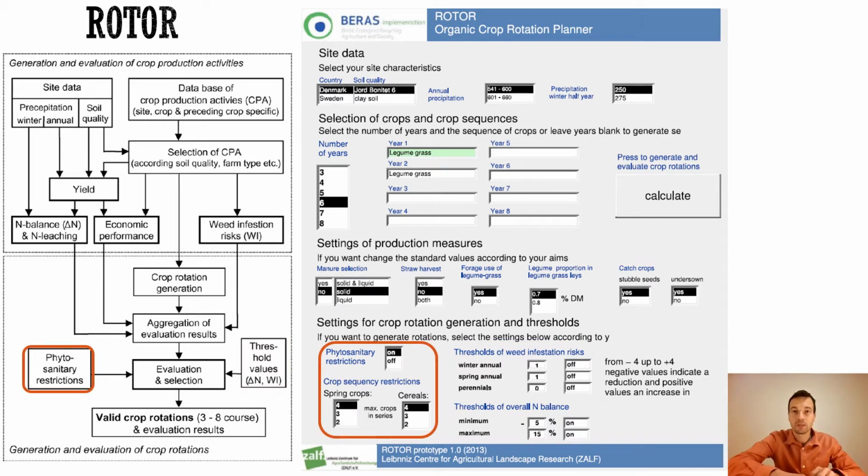Maximum frequencies and sequence of crops and crop types within rotation are used as phytosanitary restrictions to control soil-borne pests and diseases. These restrictions can be set off, and limits can be increased by experienced growers to show prospective, potentially more profitable combinations which might be otherwise eliminated.